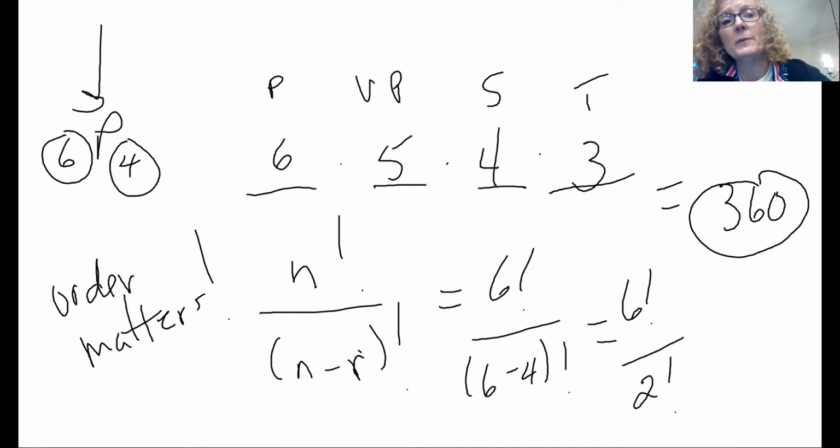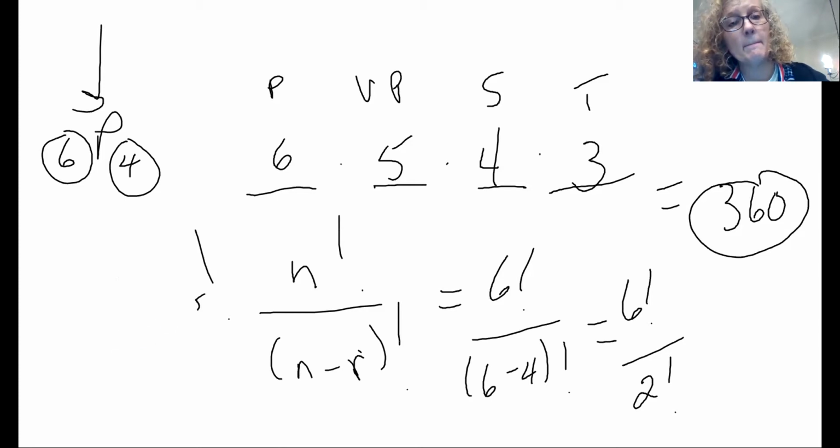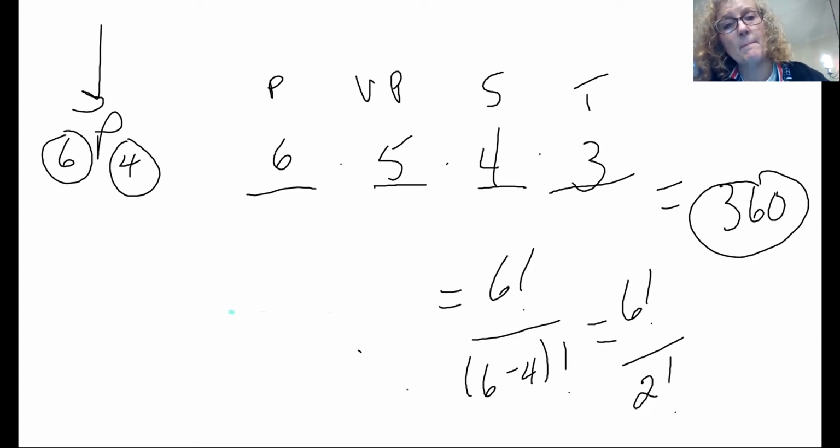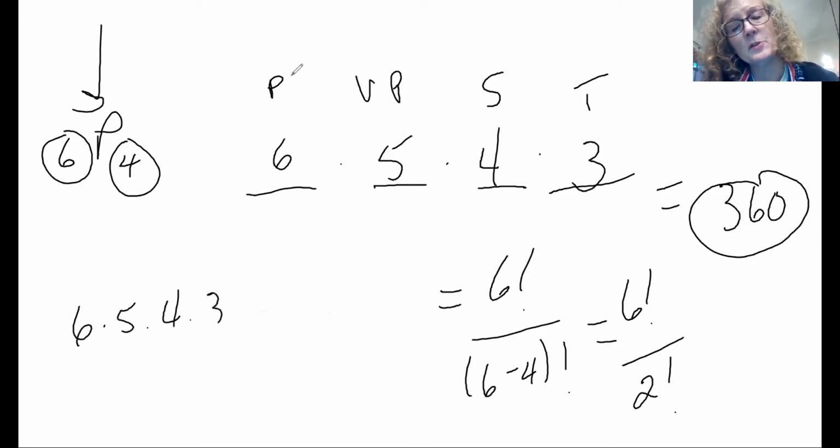Now I need some more room, so I'm going to have to erase a little bit. Let's see if I can do this. That's slow. I don't like that, but okay. So 6 factorial would be 6 times 5 times 4 times 3.